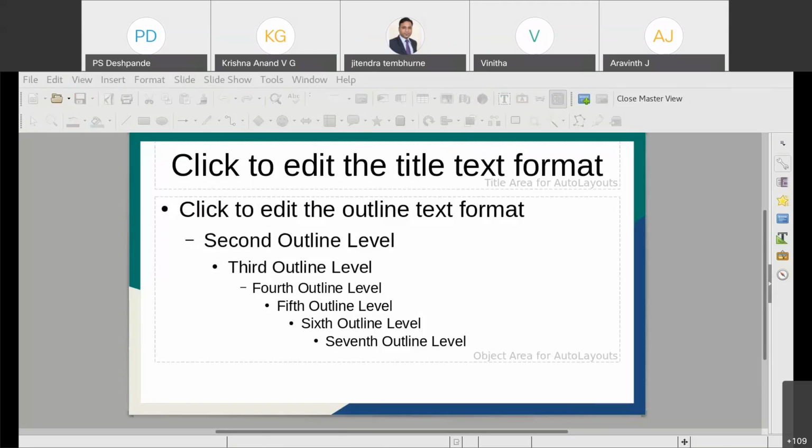Now is it visible or still not visible? Visible, sir, but we were stuck on the same slide. We were not able to visualize the content that you were teaching. Now we have got into the click to edit the title text format slide.